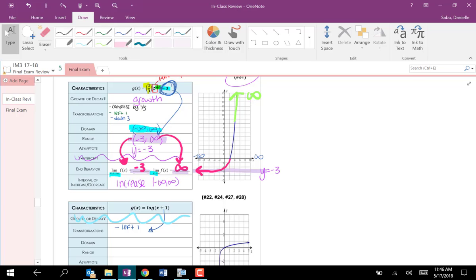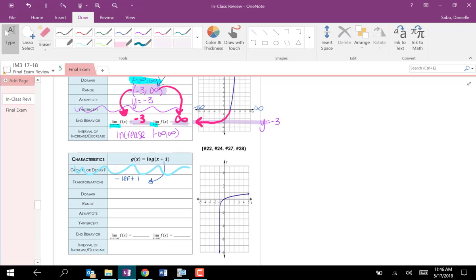If my domain is all real numbers for exponential functions, because logs are the inverse, you flip it. So what does that mean? Positive infinity, negative infinity. It's still going to be all real numbers, but where is it going to be all real numbers now? Not the domain, the range. The range. Okay, and I'll explain that and we'll look at the graph, but just know kind of what the math really means.